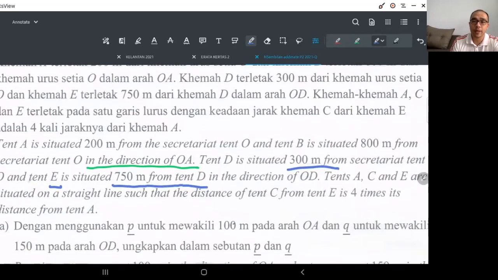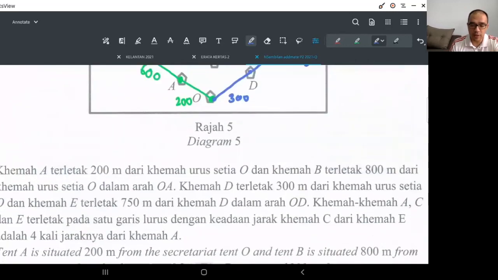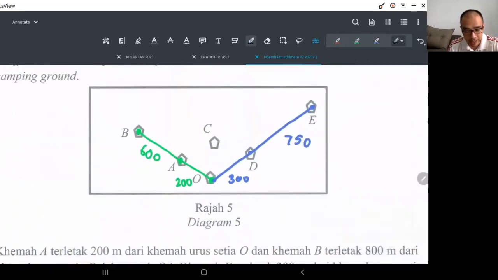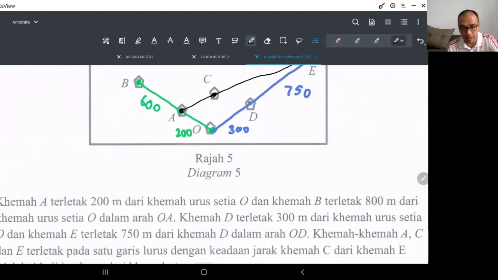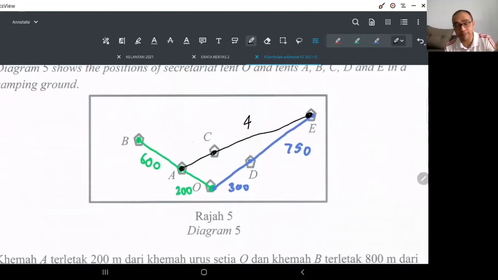Hence A, C, E are situated on a straight line such that the distance of 10C from 10E is 4 times the distance from 10A. So first of all, we draw the straight line. ACE is one straight line like this. CE is 4 times AC, so this is 4 and this is 1. Not 400, 100, just 4 times, so we don't know the actual length.